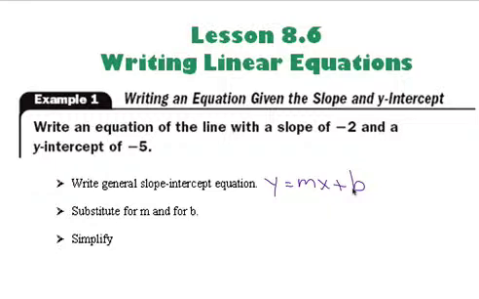What's the m in this equation? Anybody? Preston? It's the slope. Yep, the m is the slope, and the b is the y-intercept.